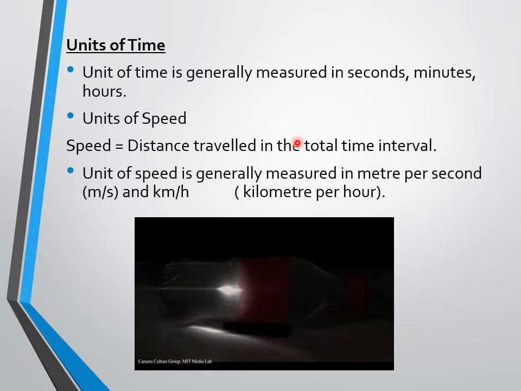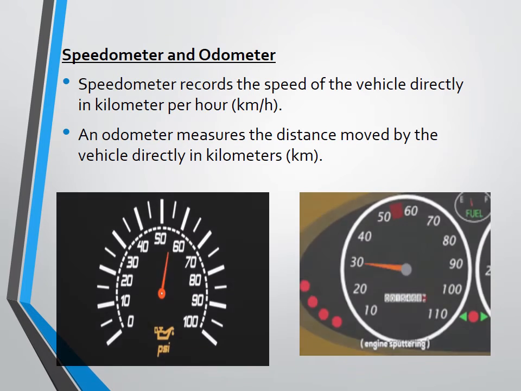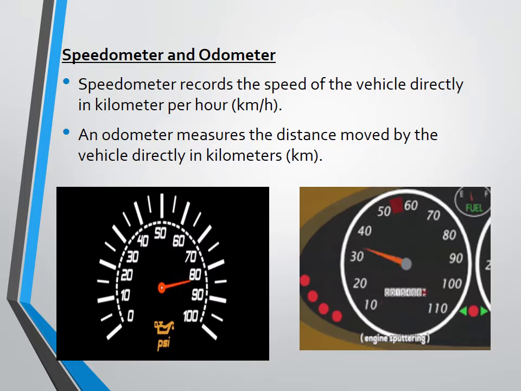So if you see the units of speed, we already know it is measured in meter per second or kilometer per hour. So if you see a panel of instruments that is fitted on the scooter or motorcycle, we call it the speedometer. The speedometer records the speed of the vehicle directly in kilometer per hour, and the odometer records the distance moved by the vehicle directly in kilometers.